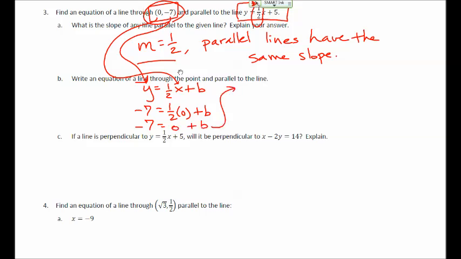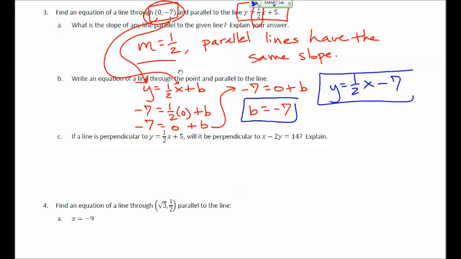If I take this up here for more space, 0 plus b is just itself, and so I get b is equal to negative 7. So from the slope, I have m is 1/2, so I have y is equal to 1/2 x, and the y-intercept is negative 7. So this is the equation of the line parallel to the given line that goes through the point 0, negative 7.